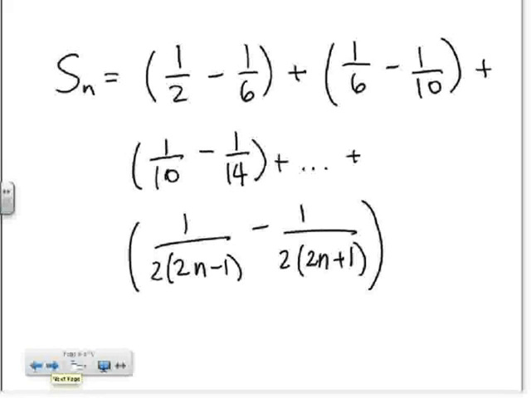We can notice that 1 over 6 will be cancelled with minus 1 over 6, 1 over 10 will be cancelled with minus 1 over 10, and eventually we can conclude that Sn equals half.